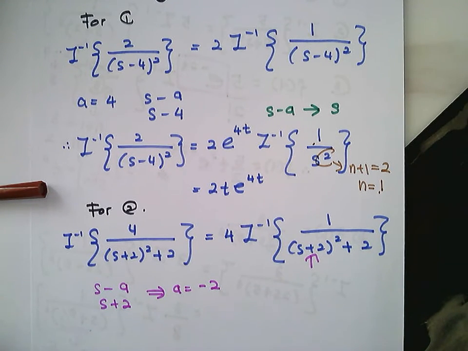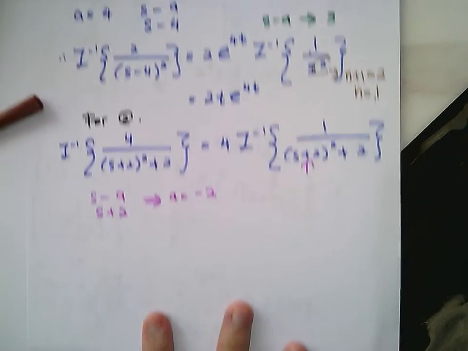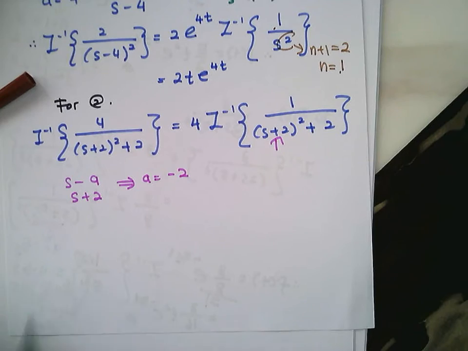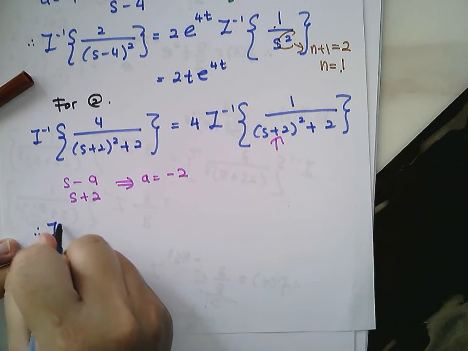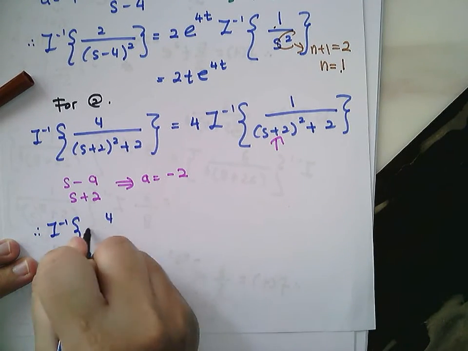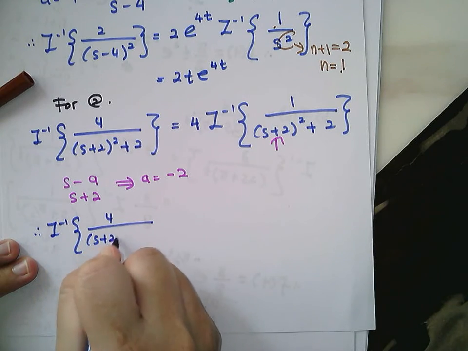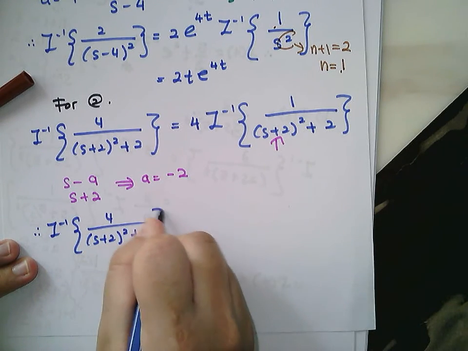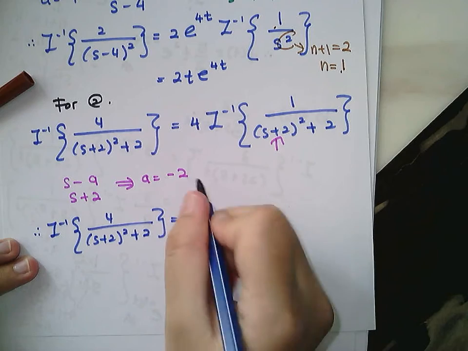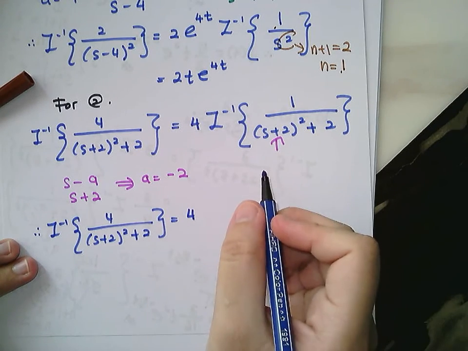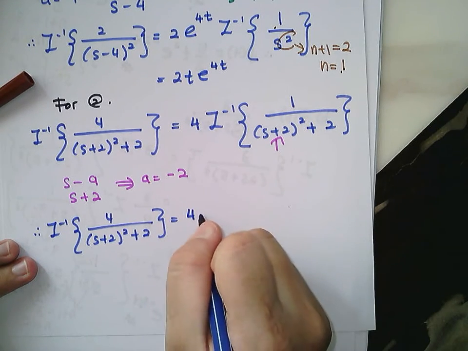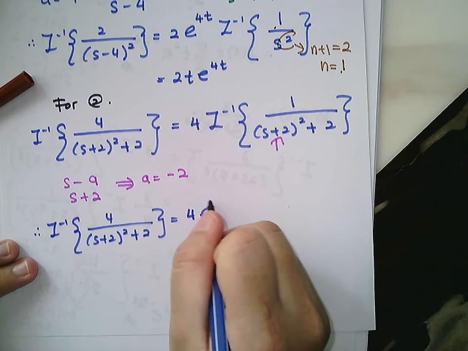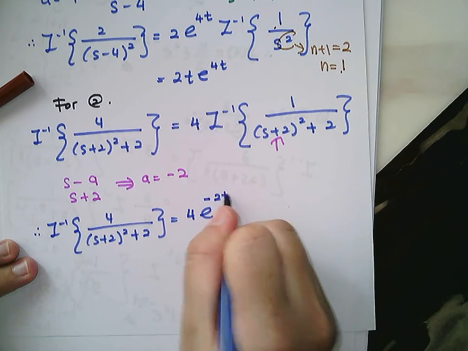Okay, so therefore the inverse of 4 over s plus 2 squared plus 2 is equals to 4. So we will have exponent negative 2t.